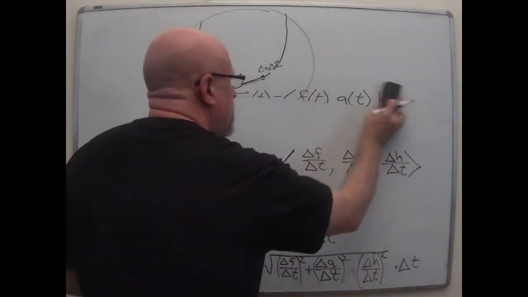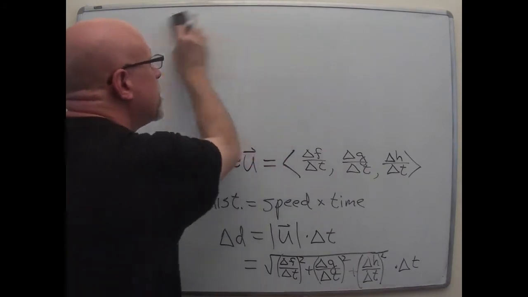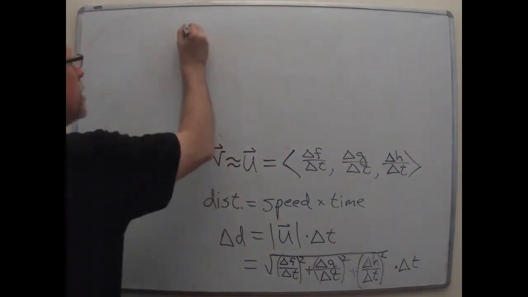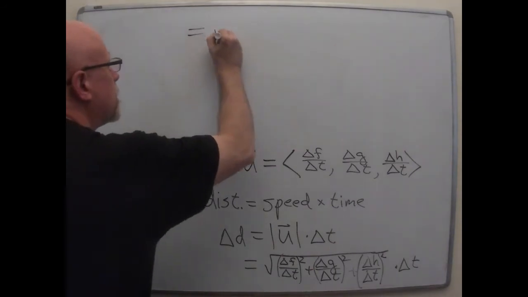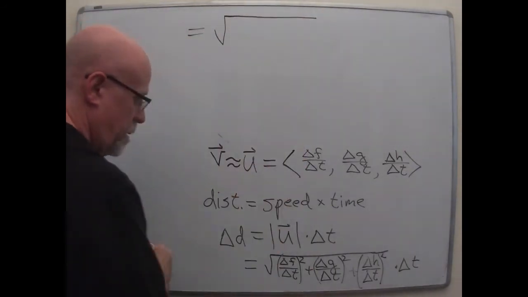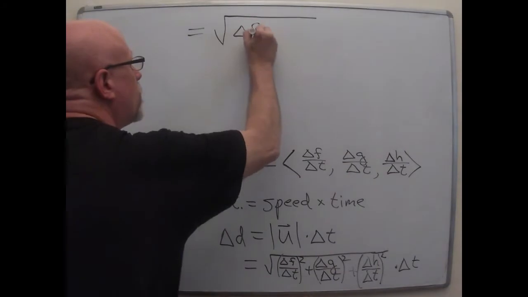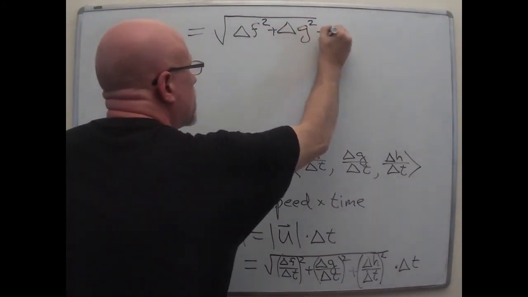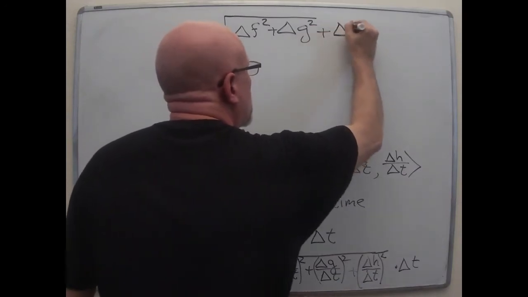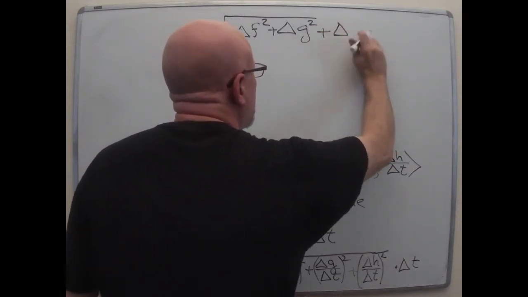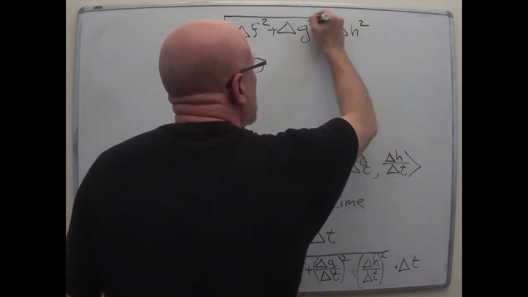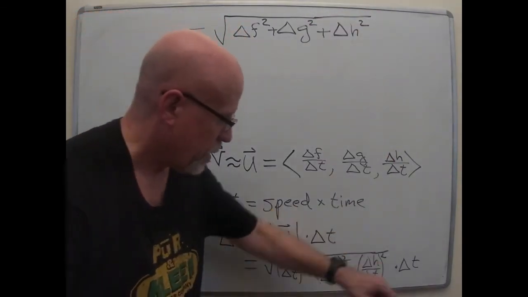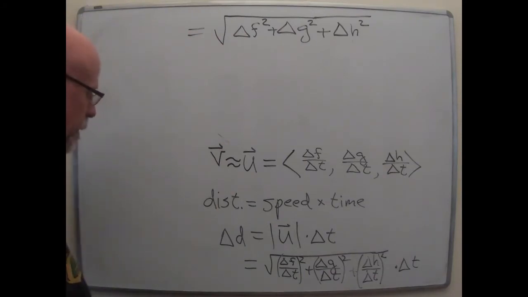The change in distance, the little deltas that will add up to get the actual distance, is the square root of delta f squared plus delta g squared plus delta h squared. I'm sorry, h, f, g, h squared. Because the over dt's in here are going to cancel with the times delta t there.